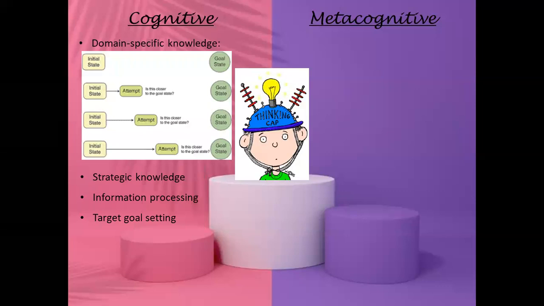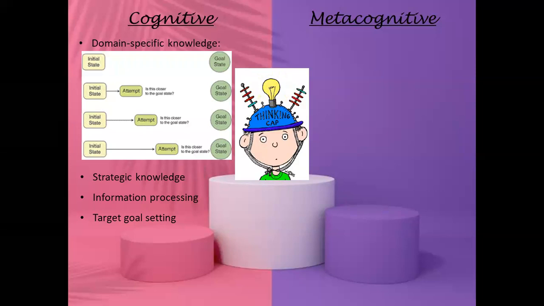Afterwards, they make an attempt. Is this close to the goal state? Then another attempt, up to the final attempt until they get their goal state. So that is how cognitive started and ended: thinking of the initial state of thinking and then the goal state of thinking.